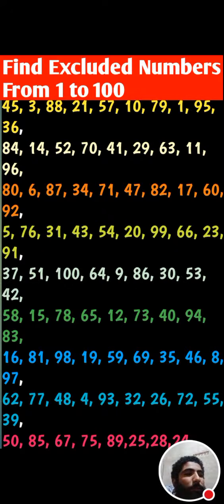So where is 69? 69 is also presented from the bottom, the fifth row, the sixth number of the fifth row from the bottom is 69.